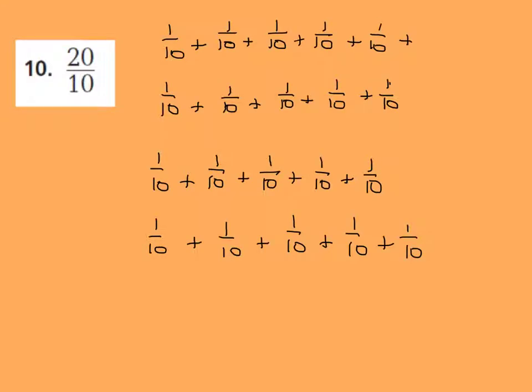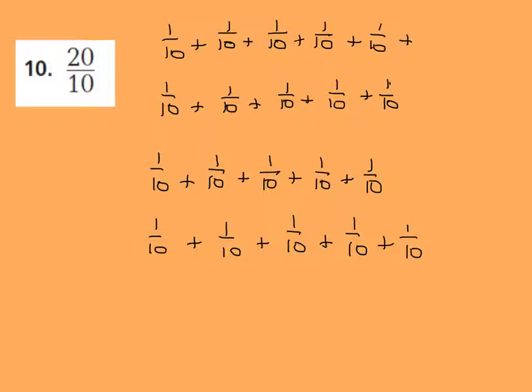So for number 10, it says 20/10. We want to change that to a mixed number. Here's what 20/10 would look like as a sum of unit fractions. You would have 20 groups of 1/10. So if we want to see how 20/10 would look as a whole number or a mixed number, you can just make wholes.